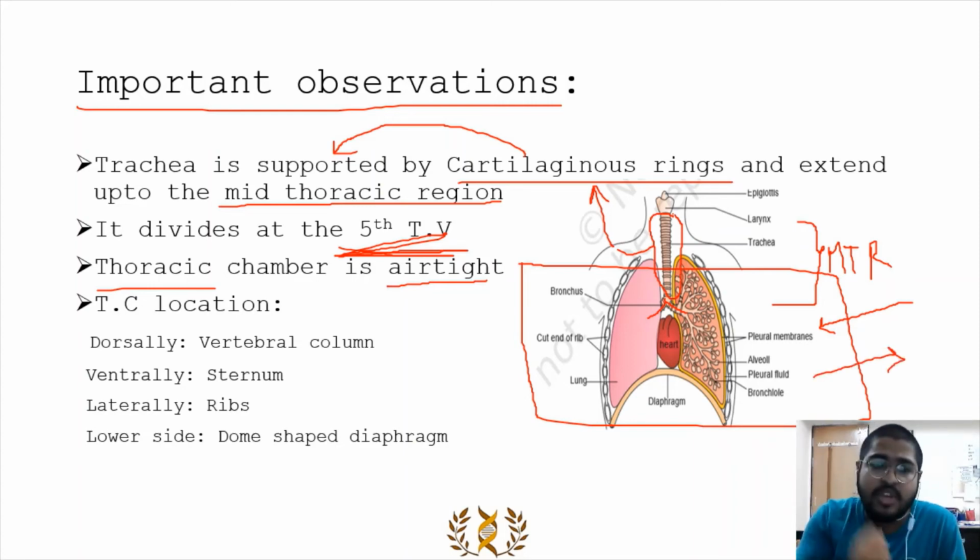The door of the aeroplane is airtight so that no external air comes in, and no air from the inside can go outside. Now, how does this whole thoracic chamber maintain its airtightness? It is due to the location of the thoracic chamber. It is very unique. So let's see where it is located. Dorsally means backwards.